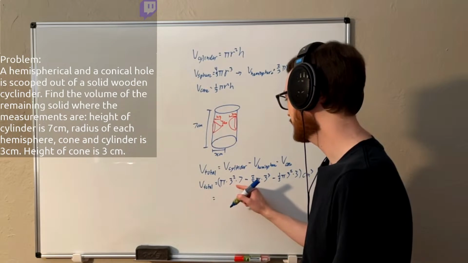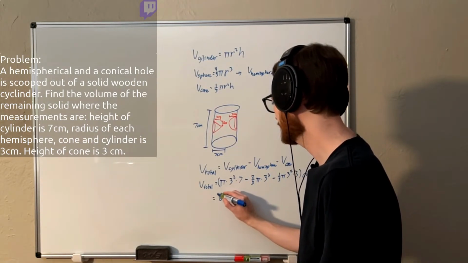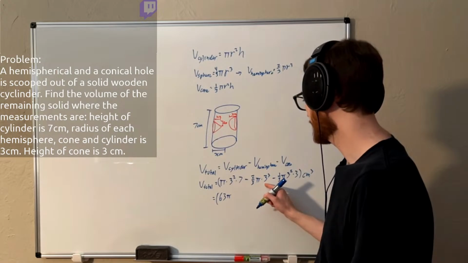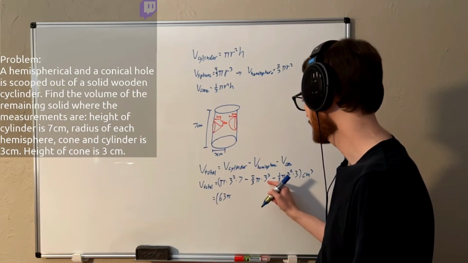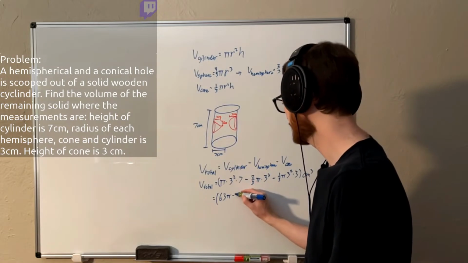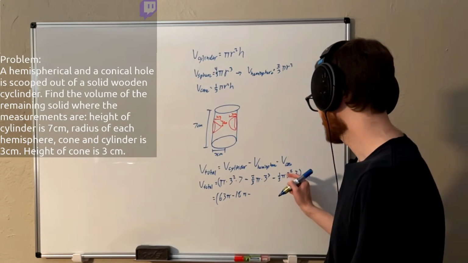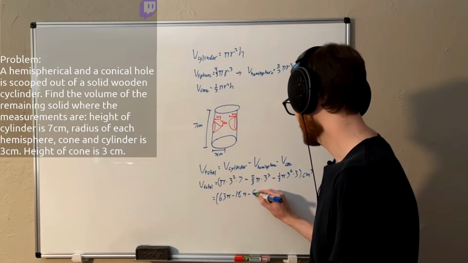So that's 9 times 7 is 63 pi. 3 partially cancels, so we have 3 squared times 2 is 18 pi. 3 cancels one of those 3, so we get 9.